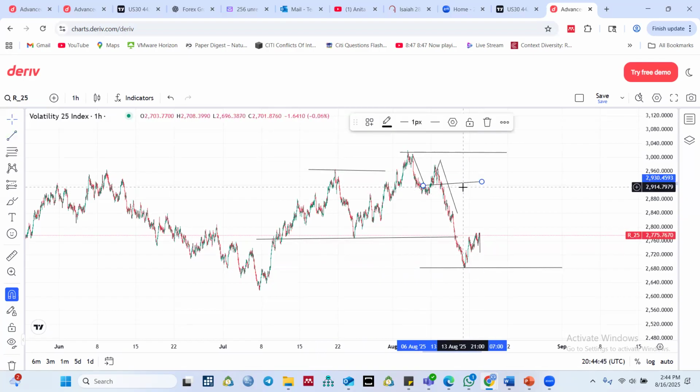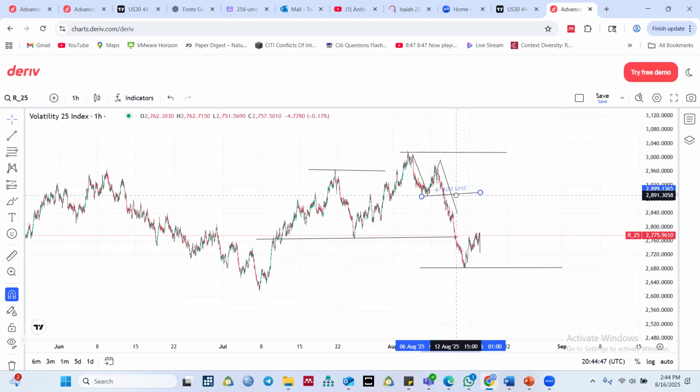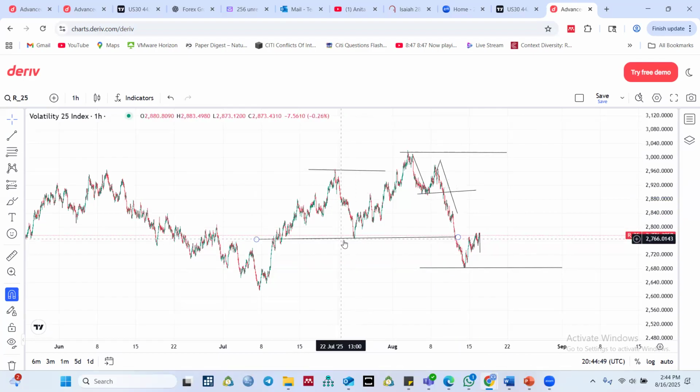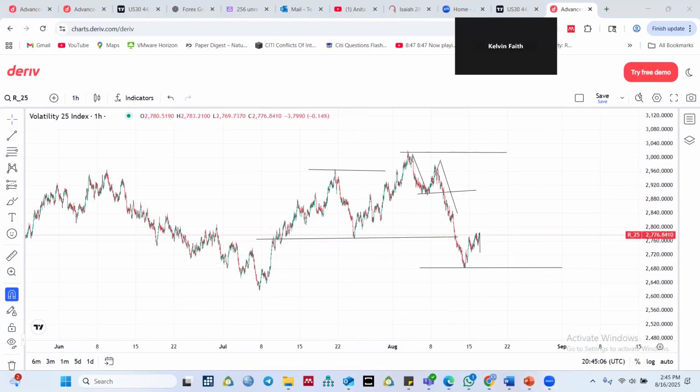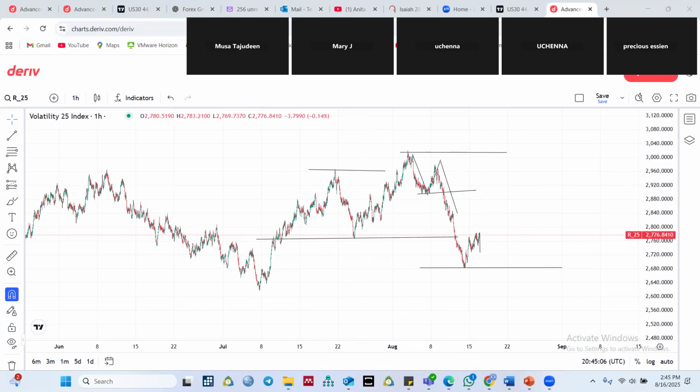are we going to say we have a break of structure if we are using this low and this high as context? What do you say, guys? Is that a break of structure? Change of character.